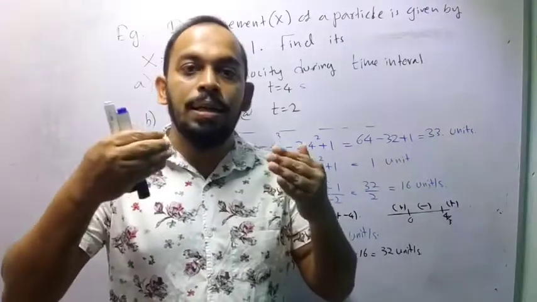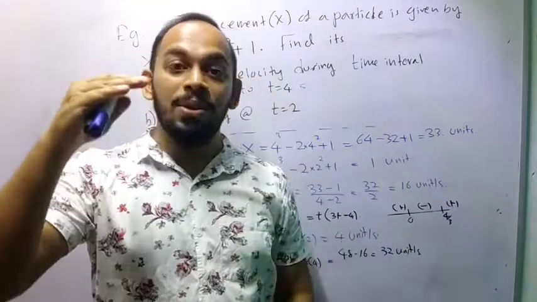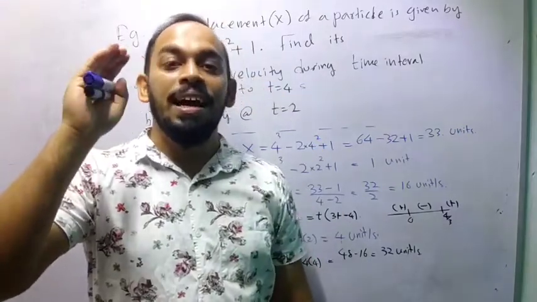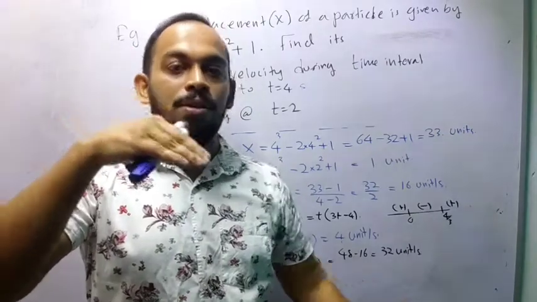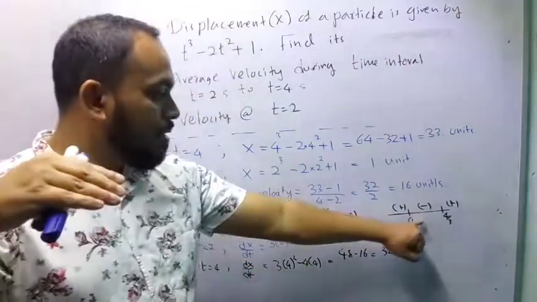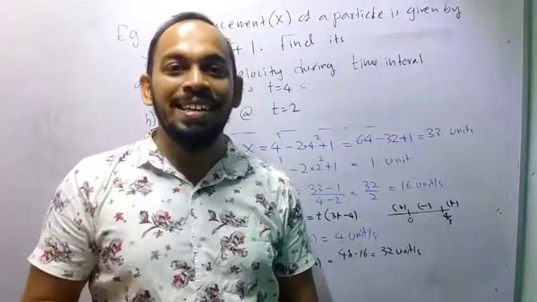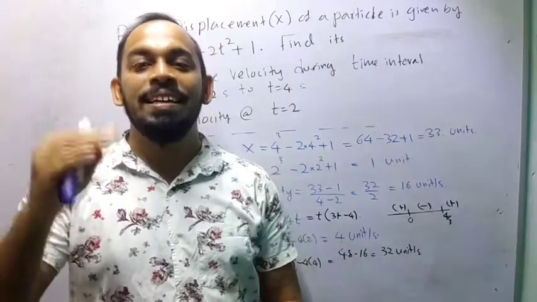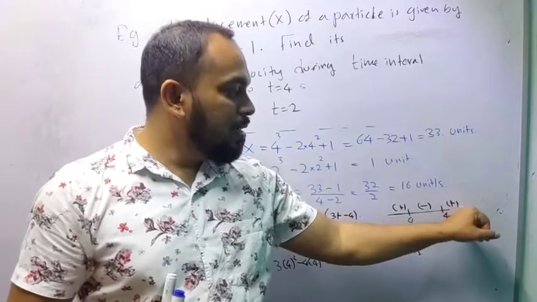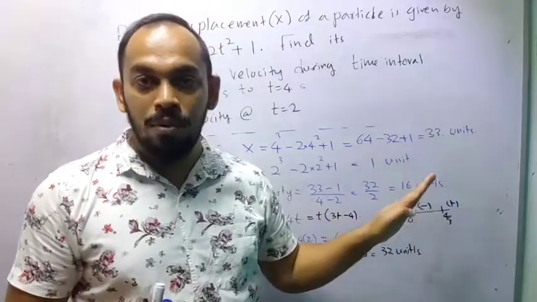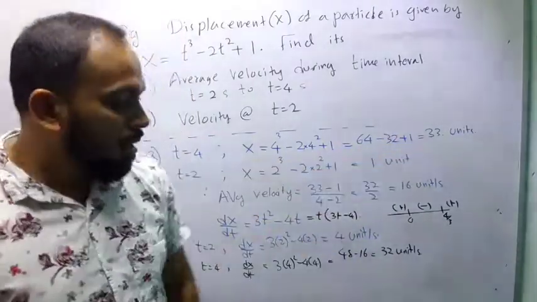The velocity, in this case, is negative. Velocity is negative means it's coming towards the reference point. And after t equals 4 by 3, the derivative is positive. Function increasing means again it is moving in the given direction.